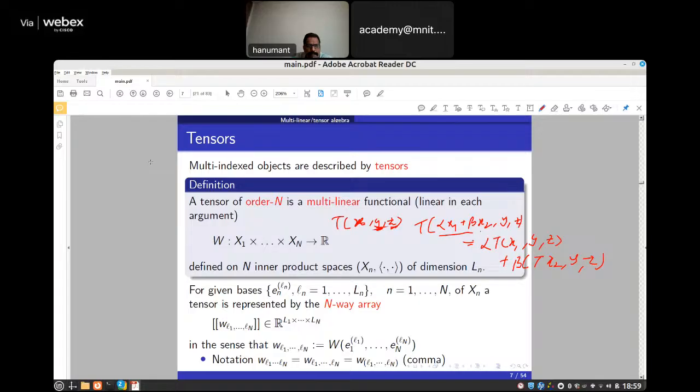For example, T(x, alpha y1 plus beta y2, z) will be equal to alpha T(x, y1, z) plus beta T(x, y2, z). So I just have to fix two, and the third one will be linear in nature.